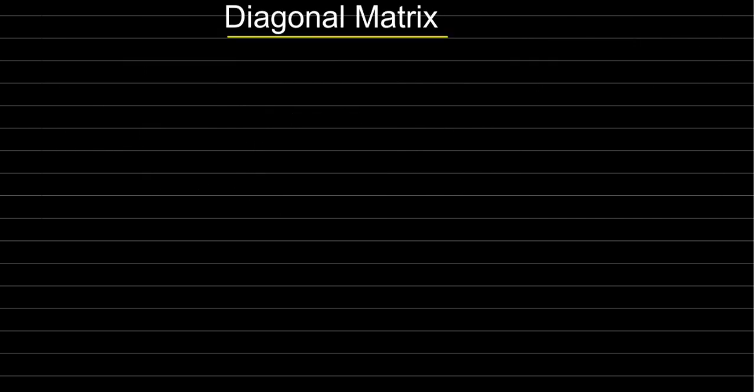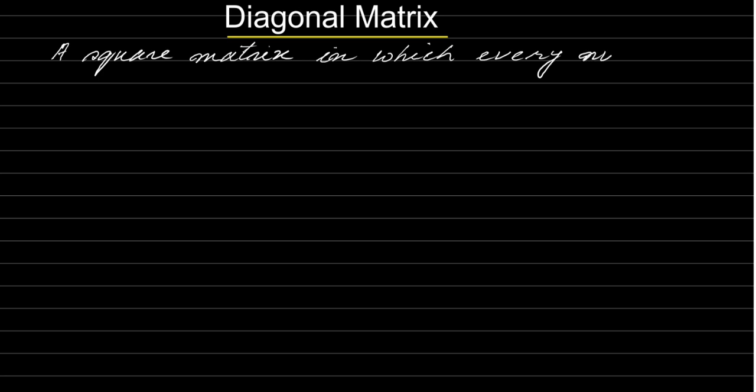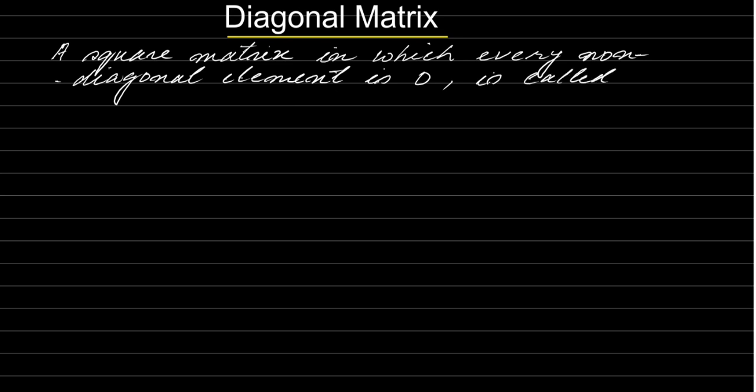Now let's talk about a diagonal matrix. Square matrix in which every non-diagonal element is 0 is called a diagonal matrix.